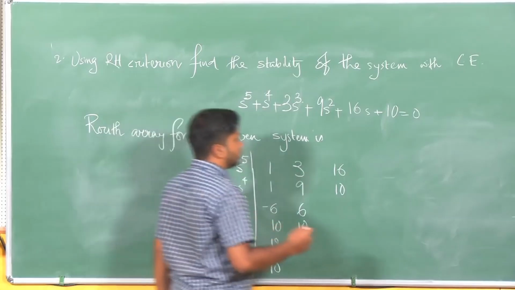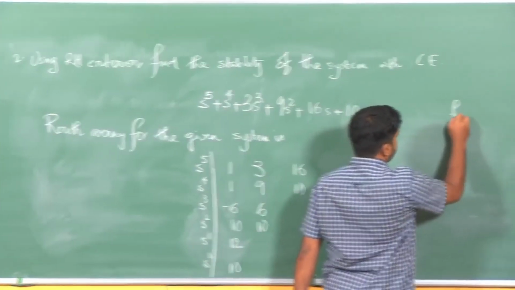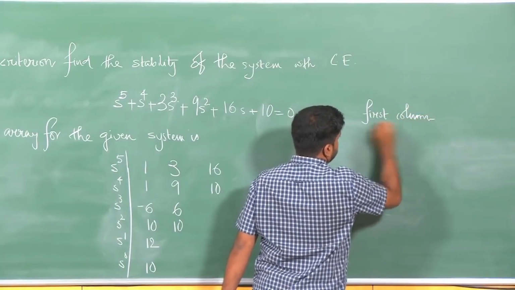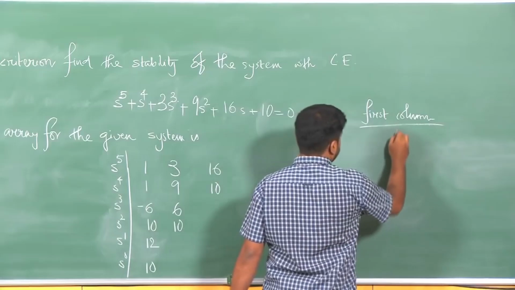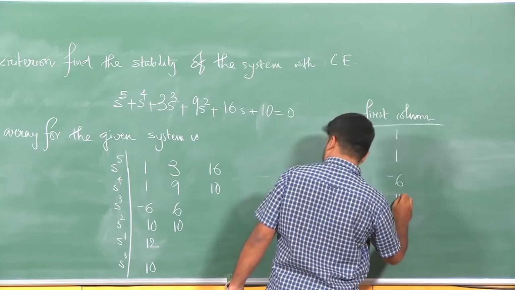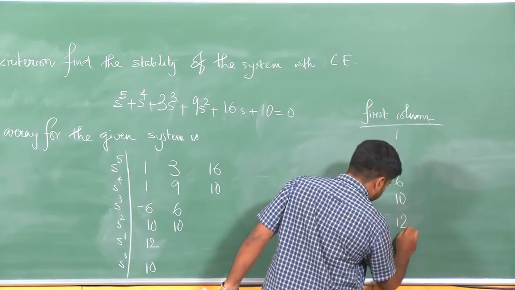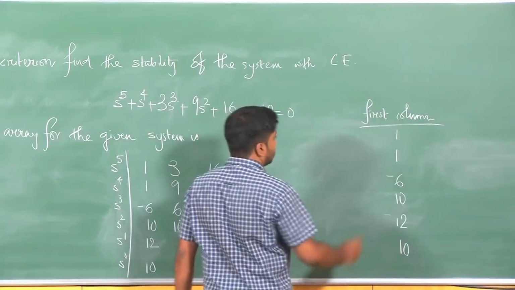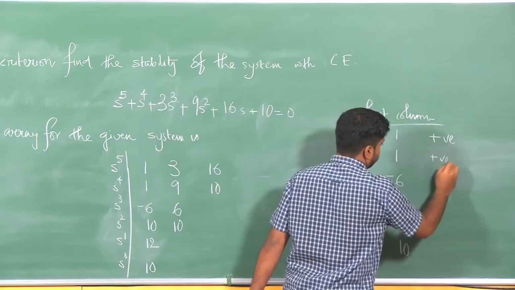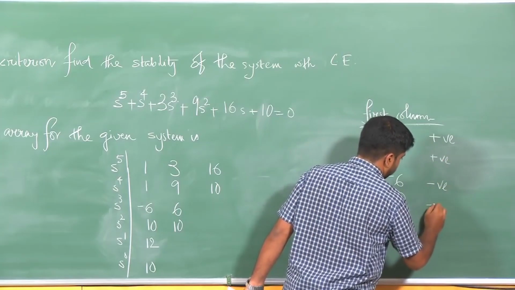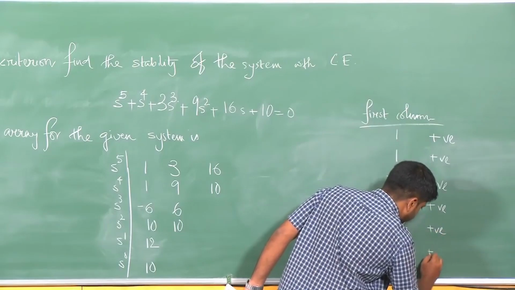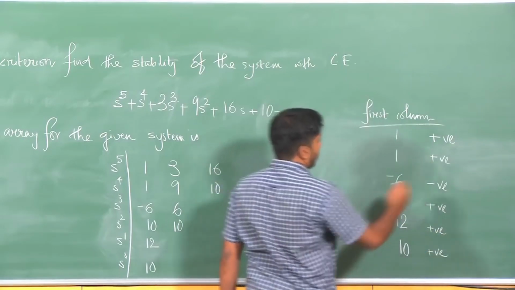So, now the first column is 1, 1, minus 6, 10, 12 and 10. So positive, negative, so there are two sign changes.